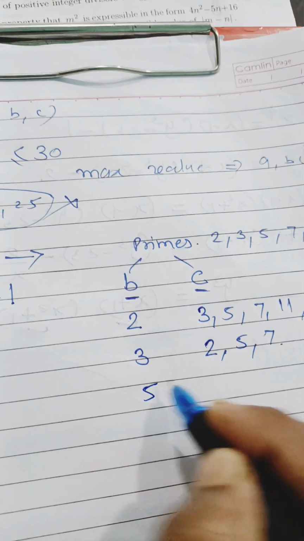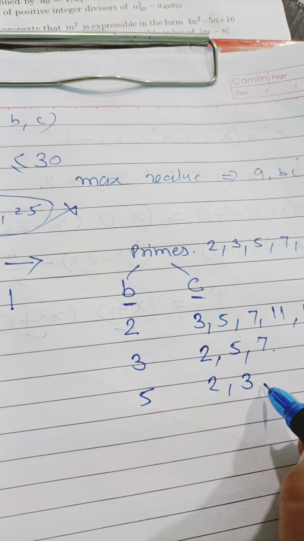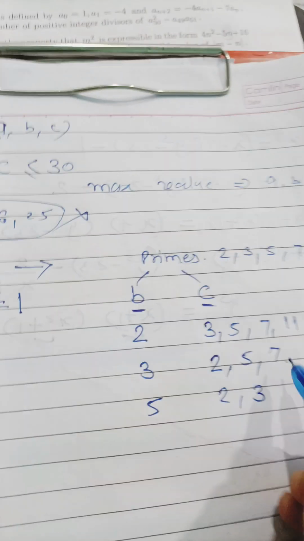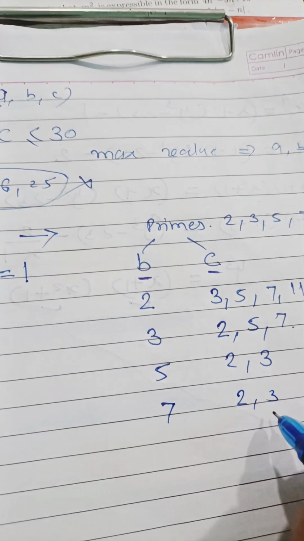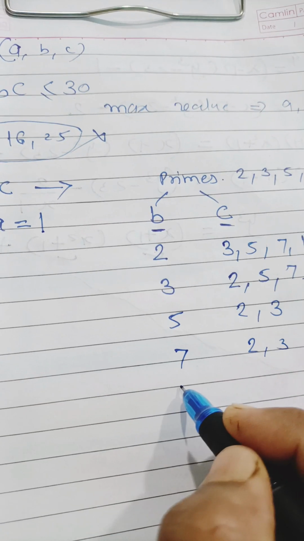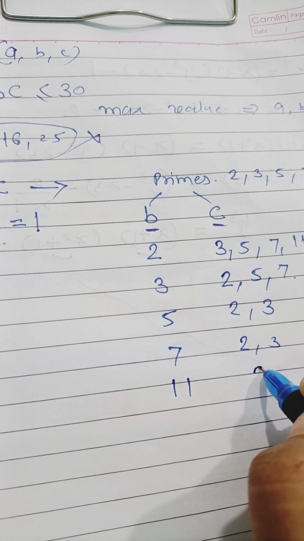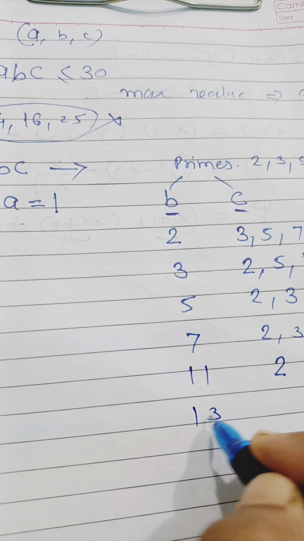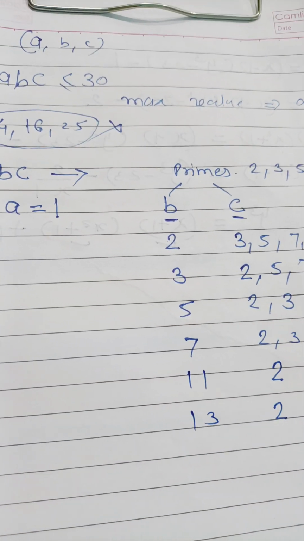If we take 5, then 2, 3. Here we can't take 7, because 7 fives are 35. Then for 7 also we will take 2 and 3 only at the place of C. And for 11 we will take only 2. We can't take even 3. And for 13 also we will take 2 only for the value of C.